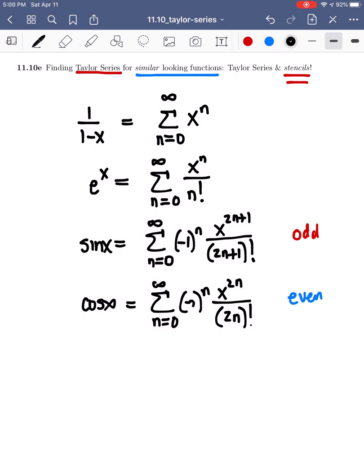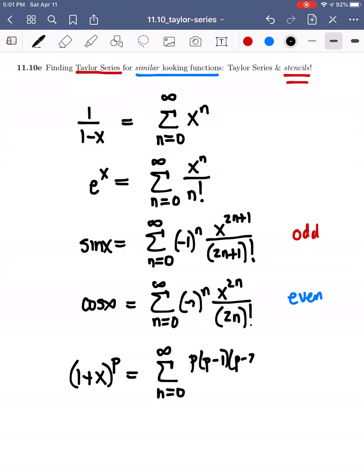And the last Maclaurin series we found was for the binomial series, the 1 plus x raised to some power that we said was equal to p. And now this compact series notation wasn't the prettiest, but again, we figured out this pattern just by doing that table method as well, where the nth term of that series had the coefficient of p times p minus 1 times p minus 2 all the way to p minus the n minus first term.